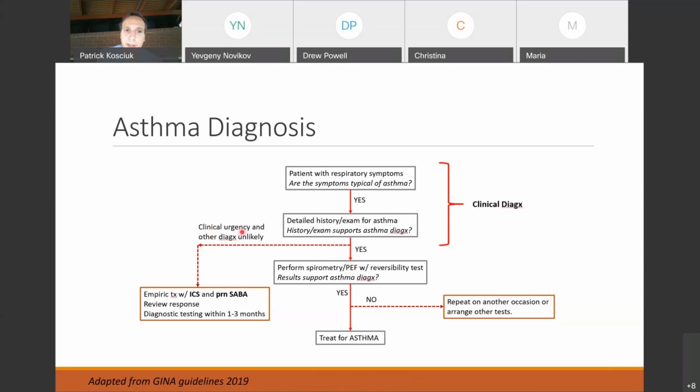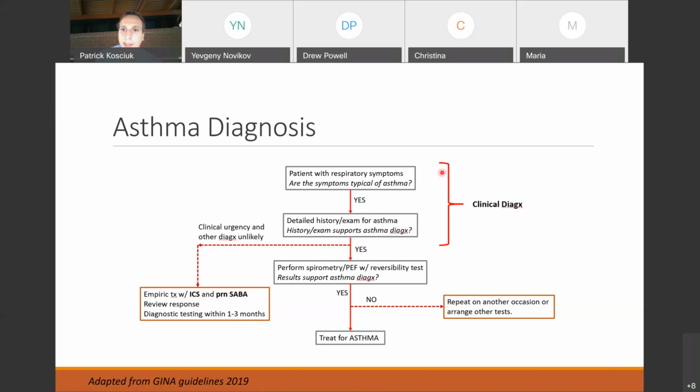If we have the clinical urgency route, in actually providing the patient with some relief, because we can't schedule PFTs rather quickly, you can typically get them in within 2 to 4 weeks easily. But if you feel like you necessarily need to start treatment, the move is to start an inhaled corticosteroid right off the bat. There's a lot of importance in this, and we'll talk about that later on, to review the response and certainly try to get that testing done, because you have relieved some of their complaints, arguably, within 1 to 3 months.